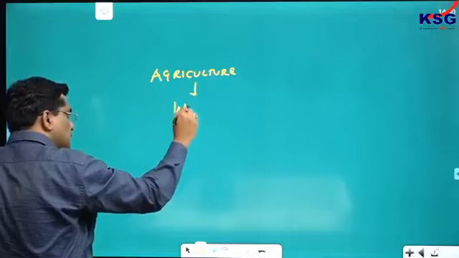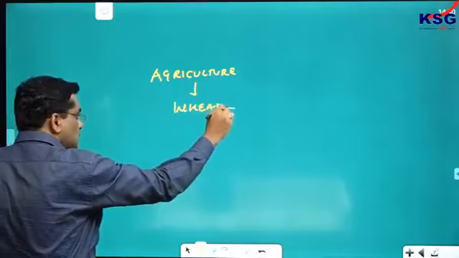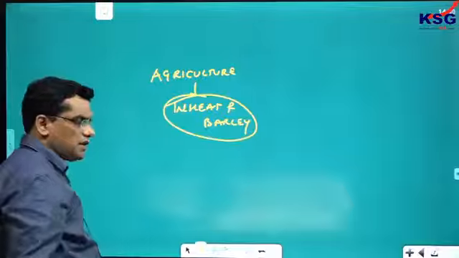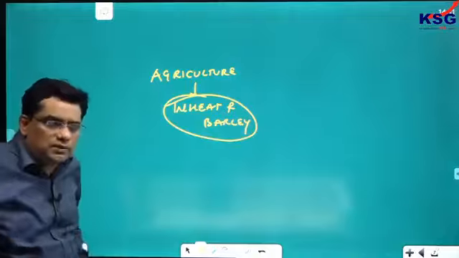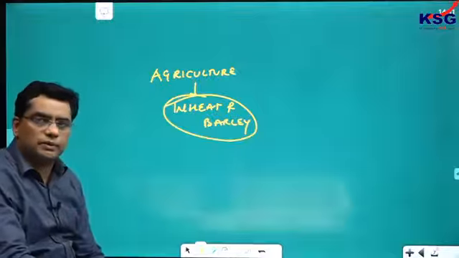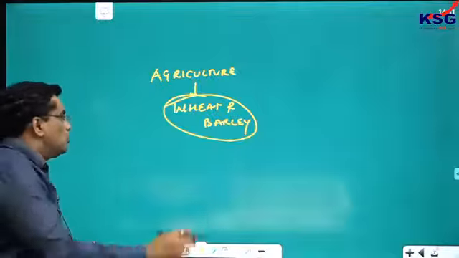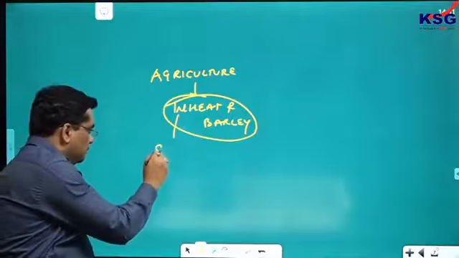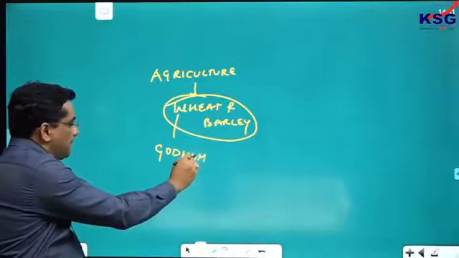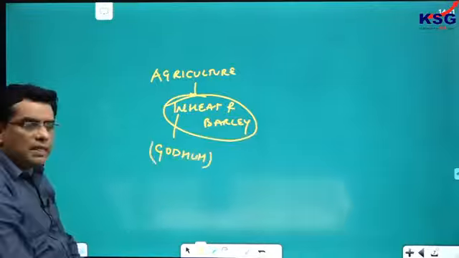Wheat and barley, these two crops were commonly known to them, but in very small quantity. Wheat was called Godhum, and barley was called Yava.